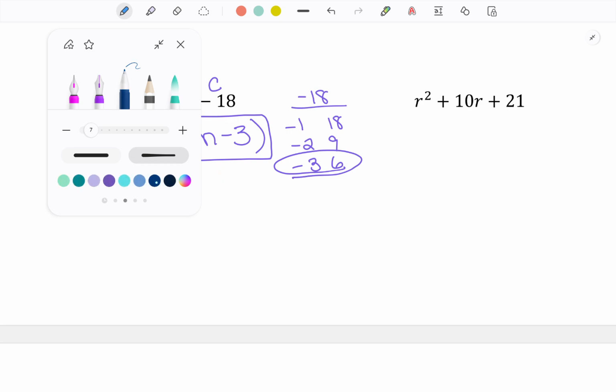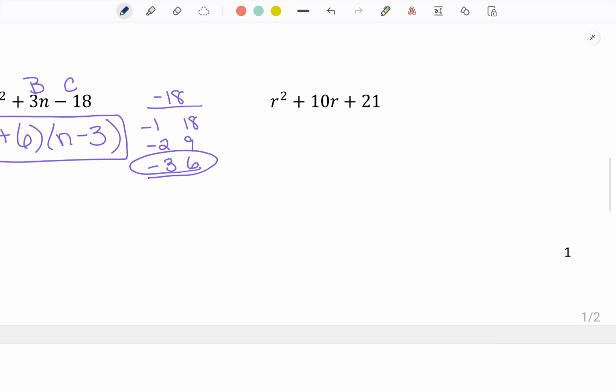And then for our last problem here, we have r squared plus 10r plus 21. So we have a c that's positive, a b that is also positive. So our signs will actually match. So we're going to have r plus something and r plus something else.